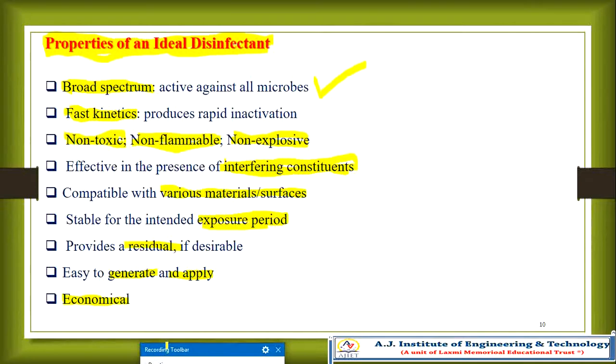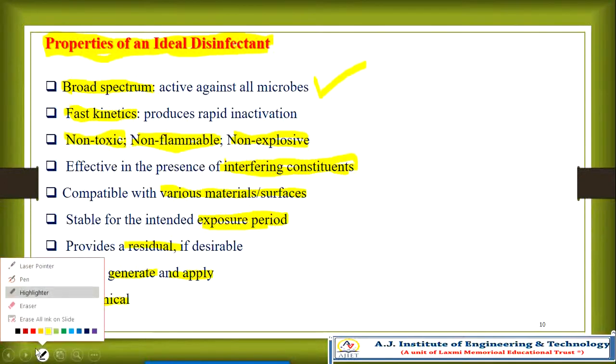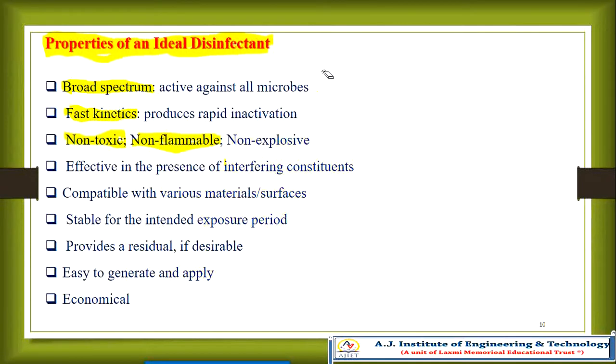To summarize: broad spectrum, fast kinetics, non-toxic, non-flammable, non-explosive, effective in the presence of interfering constituents, compatible with various materials and surfaces, stable for the intended exposure period, provides a residual, easy to generate and apply, and economical. These are very good properties for any disinfectant you use.